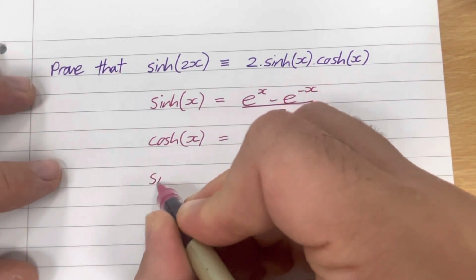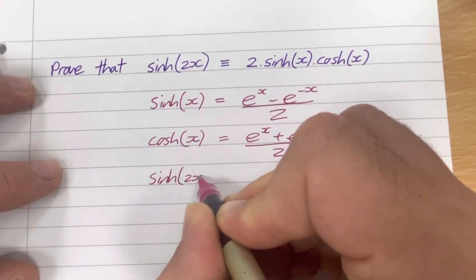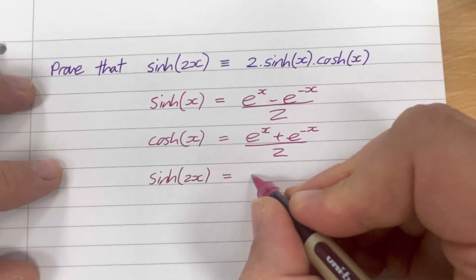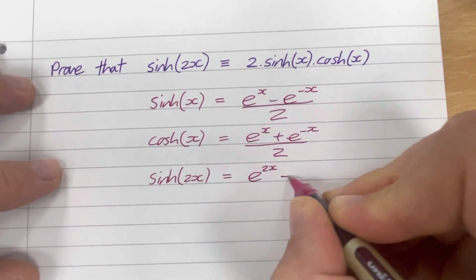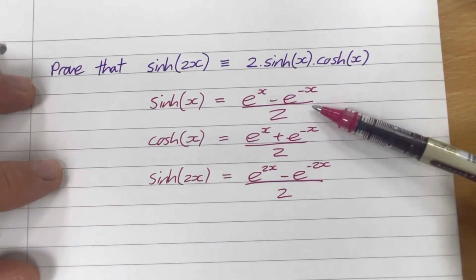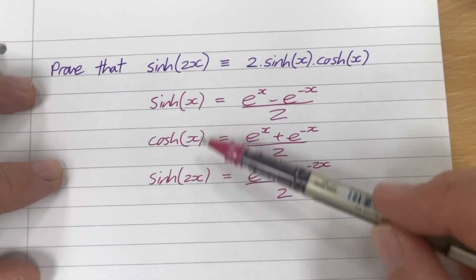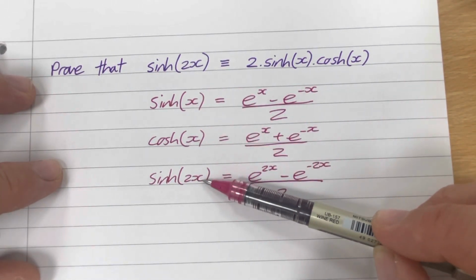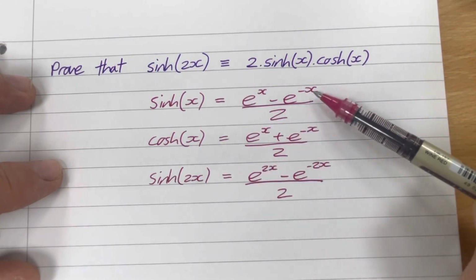And we also need sinh of 2x, which is e to the 2x minus e to the minus 2x over 2. Okay, so same definition as sinh, except because the input is now 2x, we're going to replace the x with a 2x.